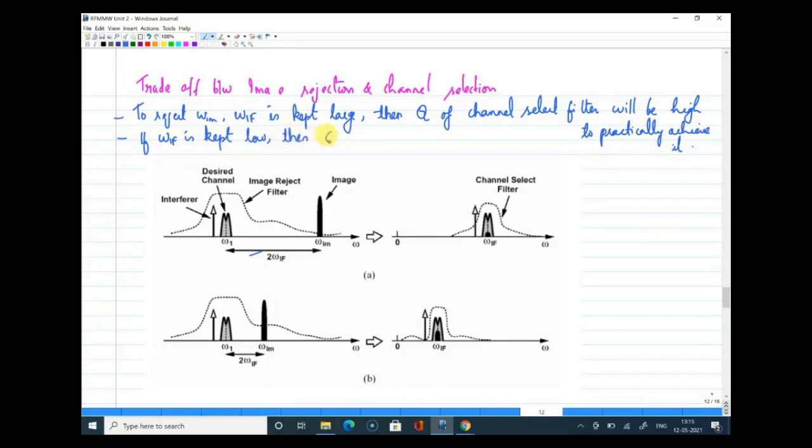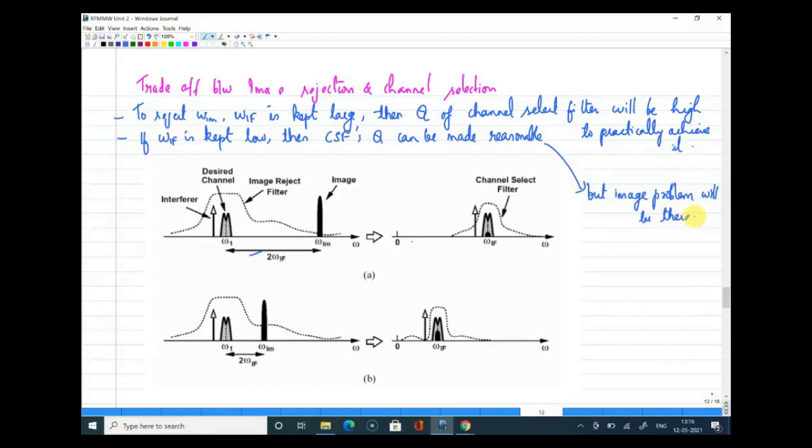Then the channel select filter, I'm using the notation CSF, its Q can be made reasonable, but the image problem will still be there.